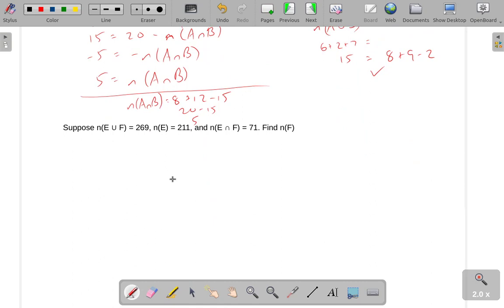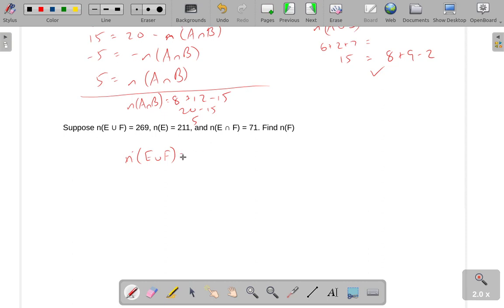Here we have the size of the union, we have the size of the first set, and we have the size of the intersection. Well, that means 269. Actually, let me write the formula down first. The size of the union, and it doesn't matter that I'm changing the name of these. I used A and B up there, I'm using E and F down here.